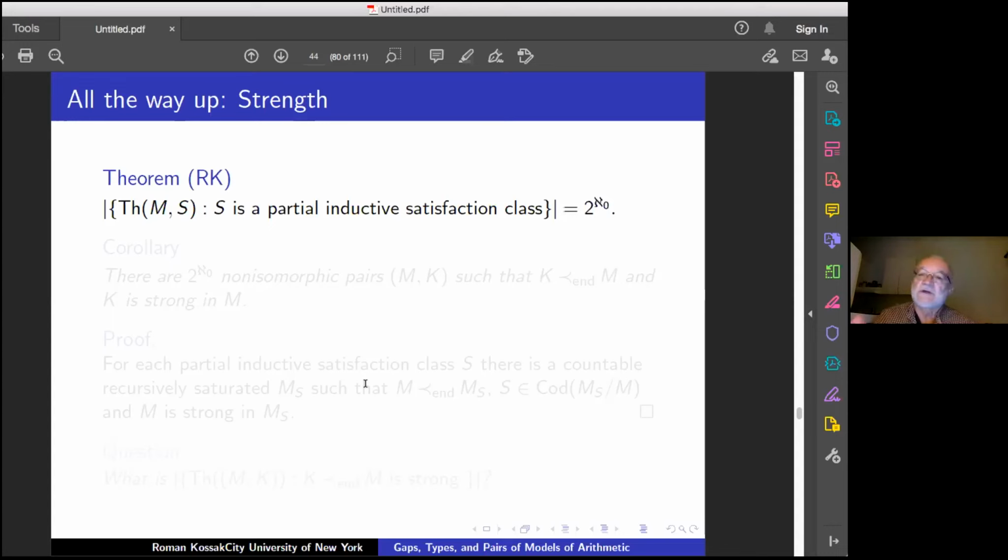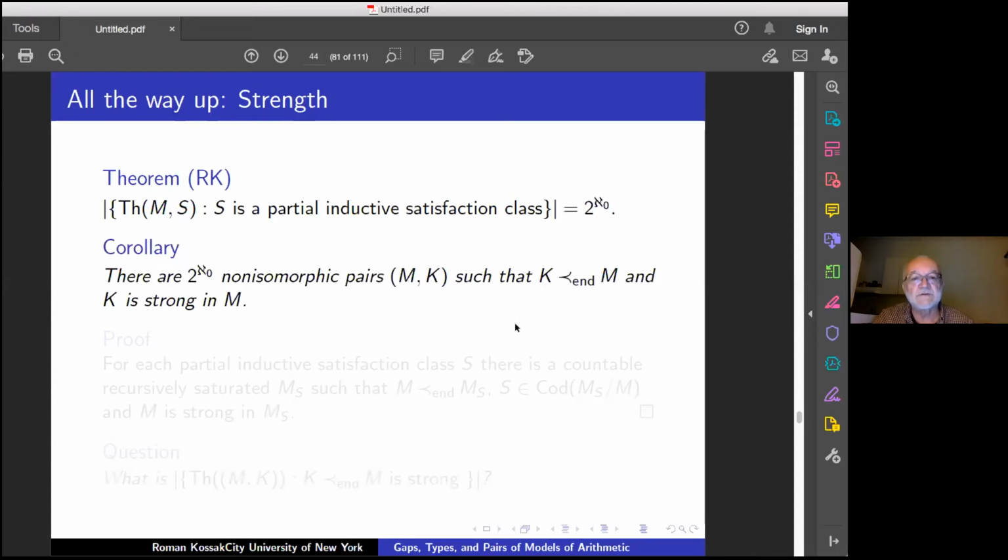This is something I observed a long time ago, and there are different ways of seeing it. On a fixed model, you can not only have inductive satisfaction classes, and not only do you get continuum many of them, but you can get continuum many theories of satisfaction classes. It's completely undetermined what the complete theory of the satisfaction class is. There are continuum many choices.